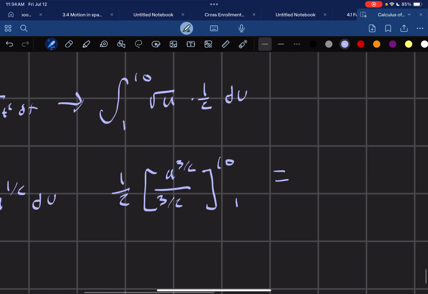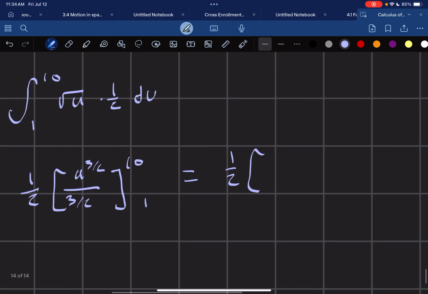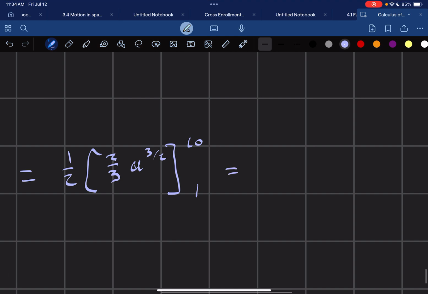That would equal 1/2 times 2/3 of u to the 3/2, which equals 1/3 of u to the 3 over 2 power from 1 to 10. So now we could evaluate the bounds.